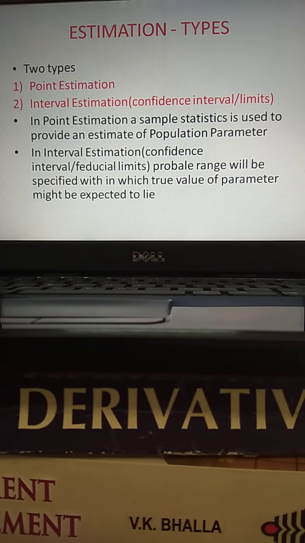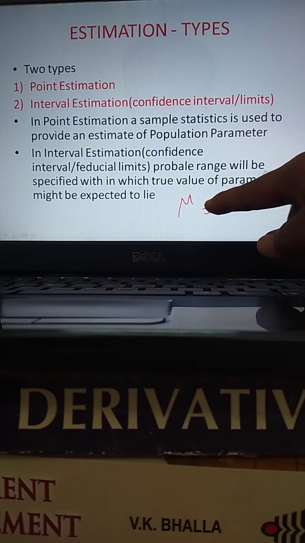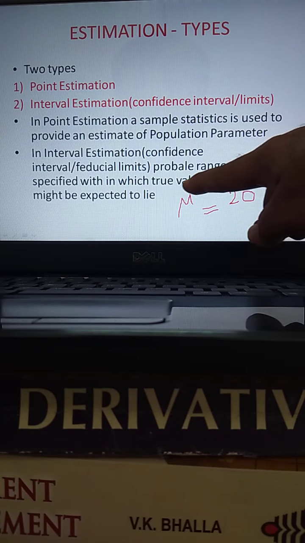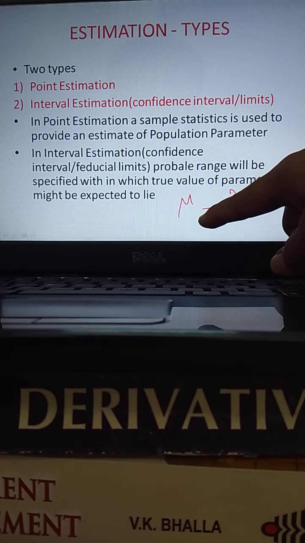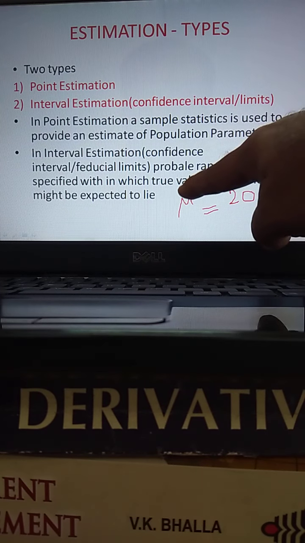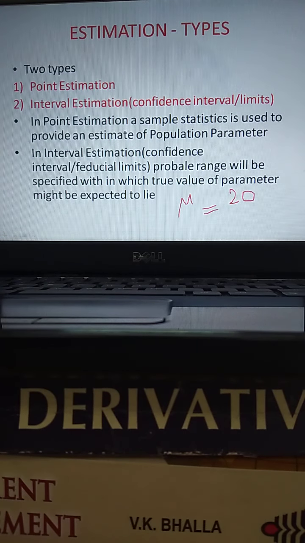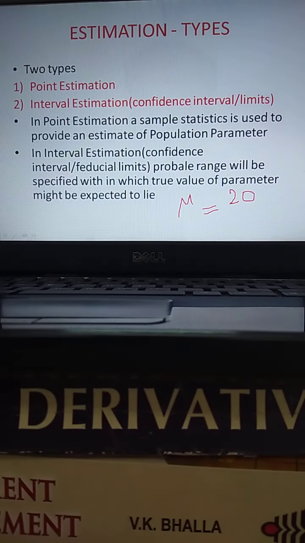The population mean is represented by mu. This is sampling theory, so you need to accustom yourself to these new notations. So mu is equal to 20. The population mean is equal to 20.